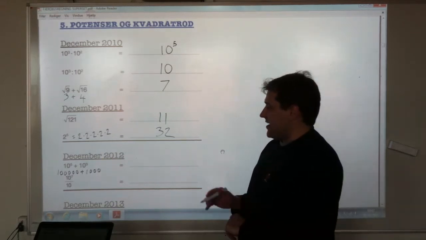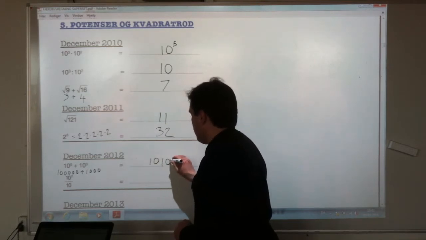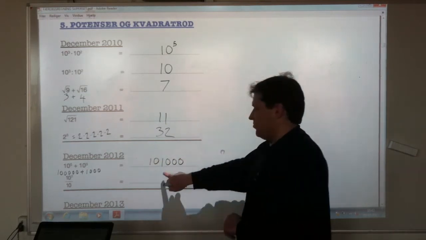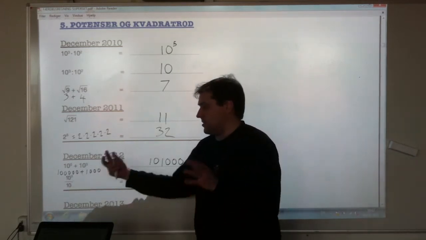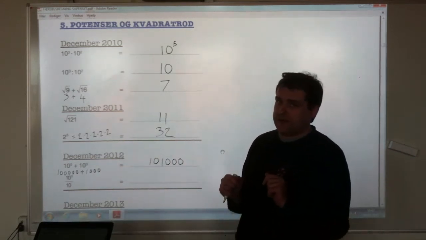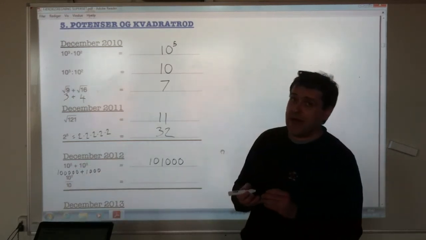So if you add them together, you get 1, 0, 1, 0, 0, 0, 101,000. You can't combine them to make 10 to the power of 8, because you can only do that when you are multiplying, and here you are adding.